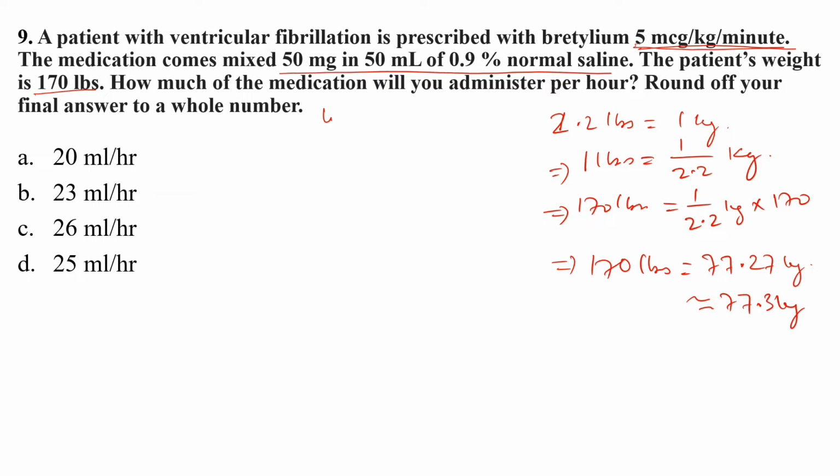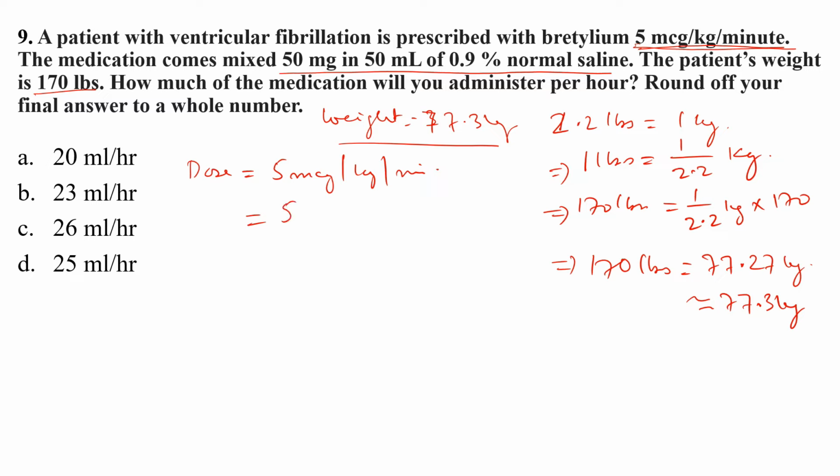So the weight here is 77.3 kg, and the desired dose is given 5 microgram per kg per minute. So the dose is 5 micrograms multiplied by 77.3. Since it's given in per minute, we have to convert into per hour, so we will multiply with 60.